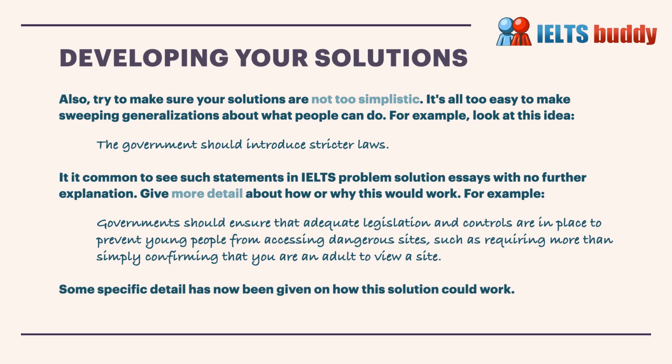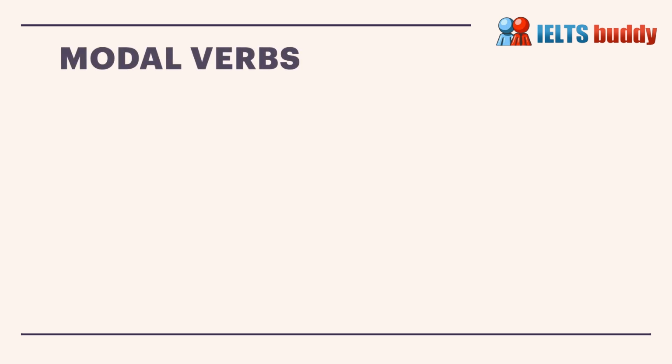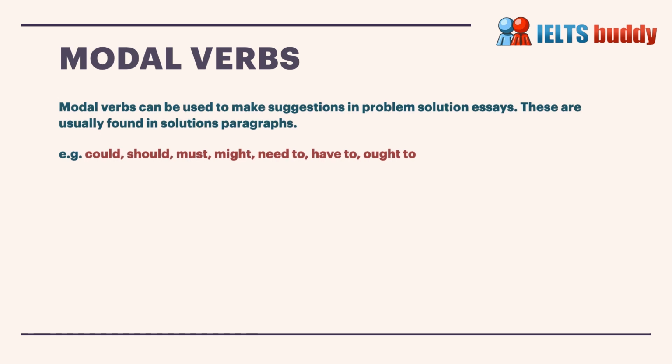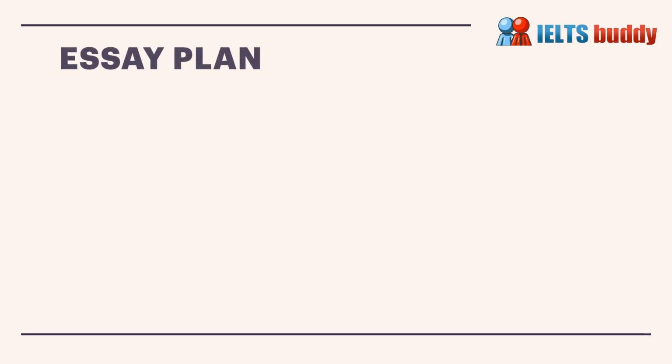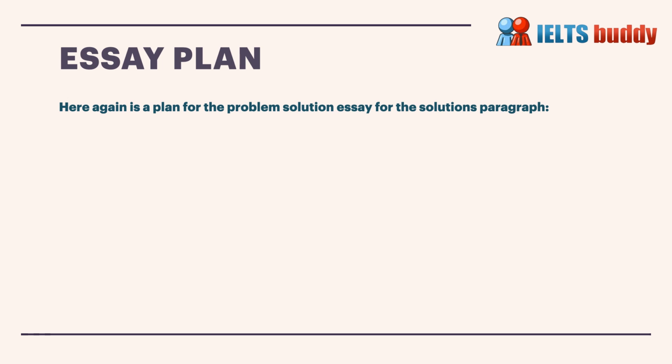So specific details are given here. We talked about modal verbs already, but they can be used to make these suggestions, and they're found in the solutions paragraphs. For example: could, should, must, might, need to, have to, ought to. And here's an essay plan for the solutions paragraph of the problem solution essay.